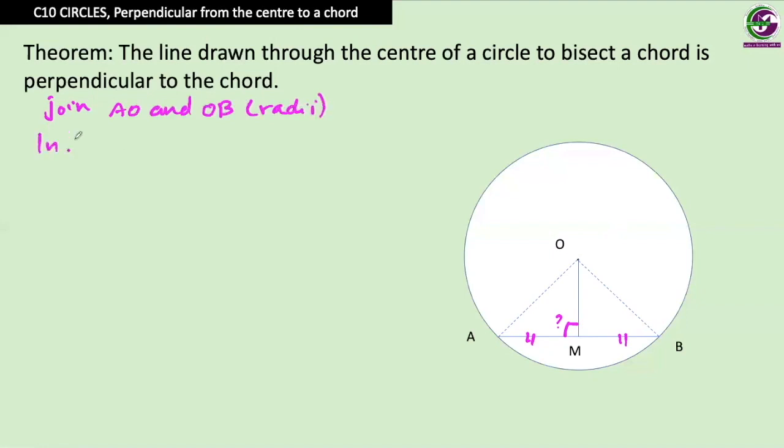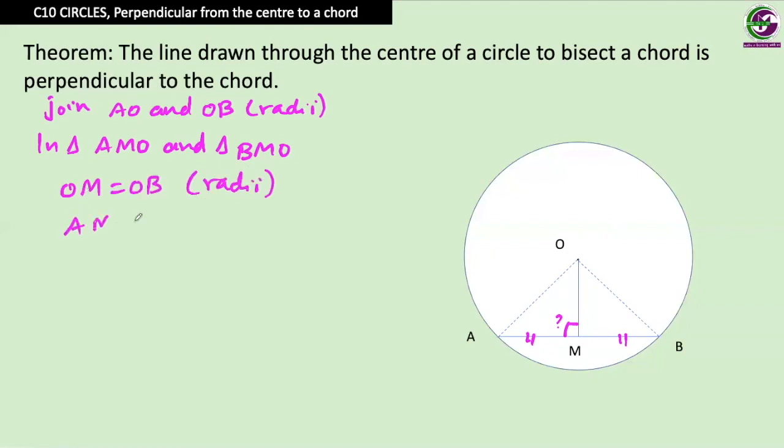Now in triangle AMO and triangle BMO, we have OA equal to OB, radii. It is the same. We also have AM equal to MB because M is the midpoint, it is given to us. OM is common. So we have the first side, second side, and third side.